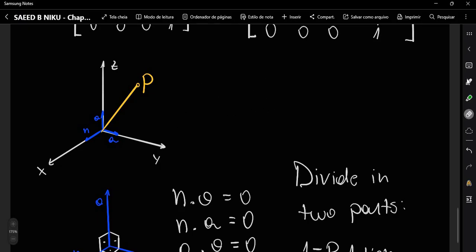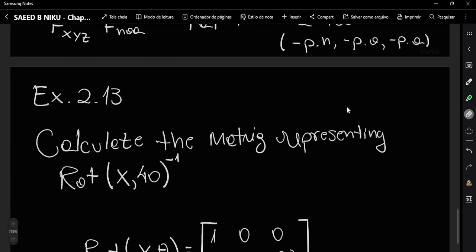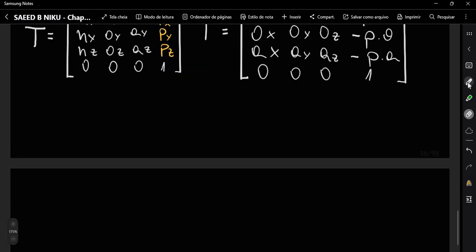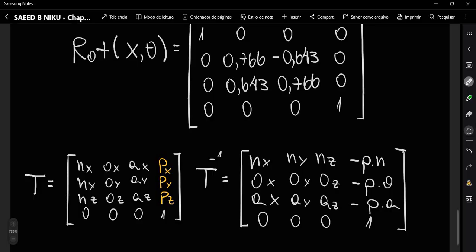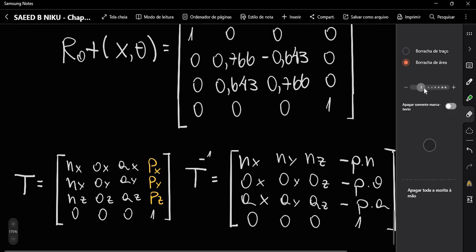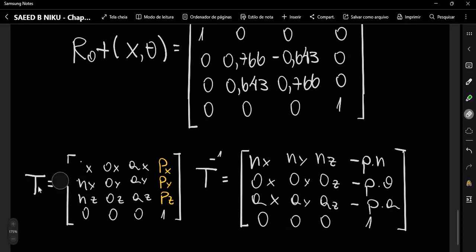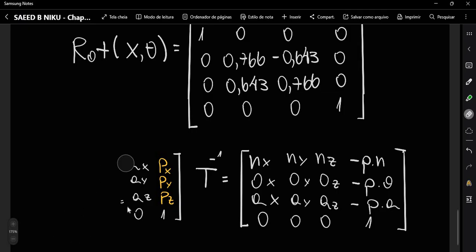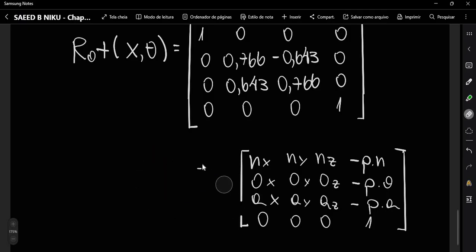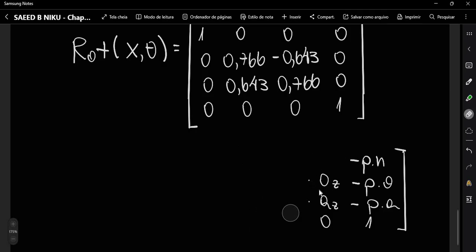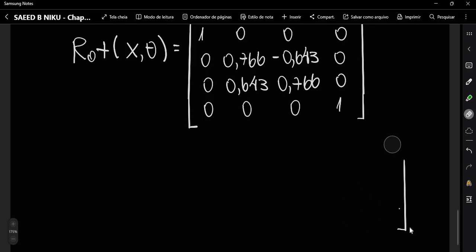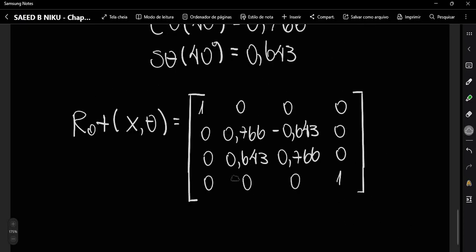So the scalar product is 0. And to calculate the inverse of this rotation matrix around the axis x with a theta angle of 40, we'll just transpose the rotation part.